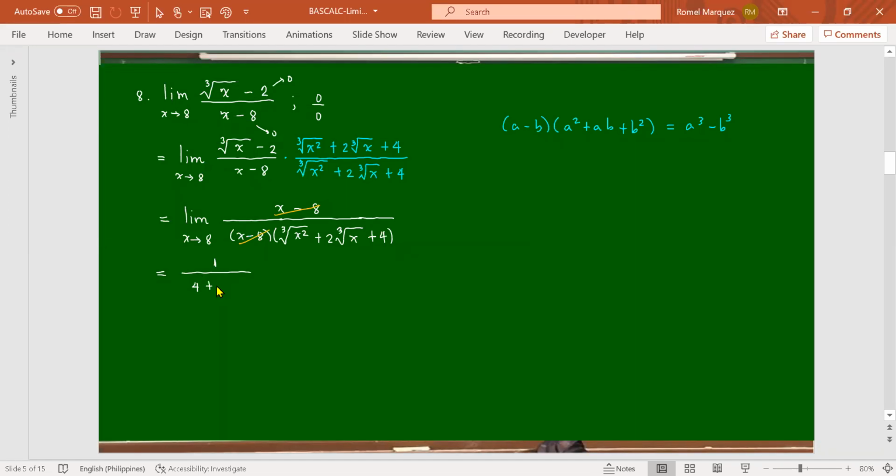Then plus 2 times anong cube root ng 8? 2, no? So 2 times 2 plus 4. Am I right? 1 over 12. Is it 1 over 12, guys?